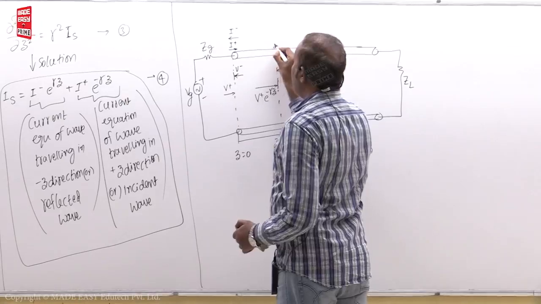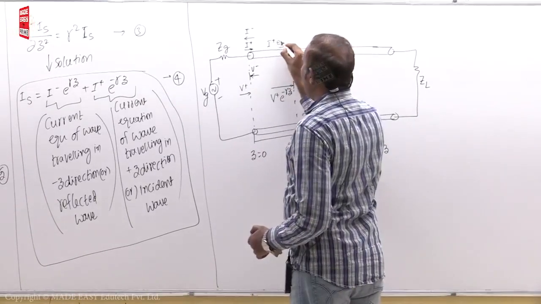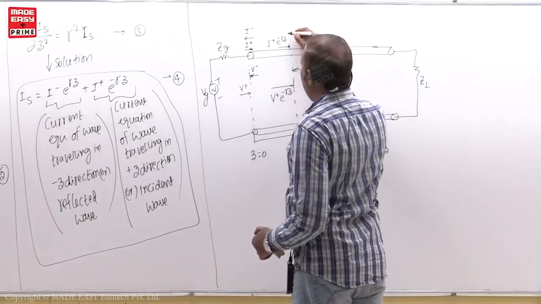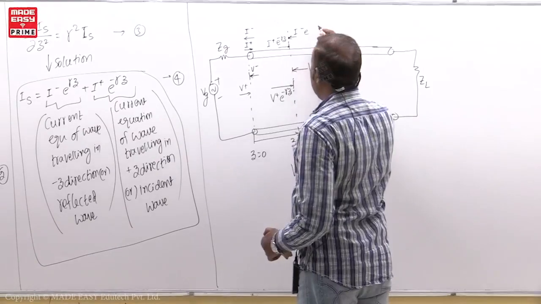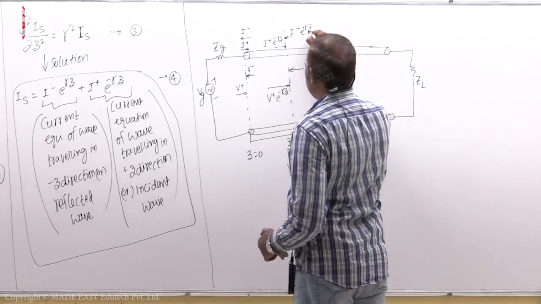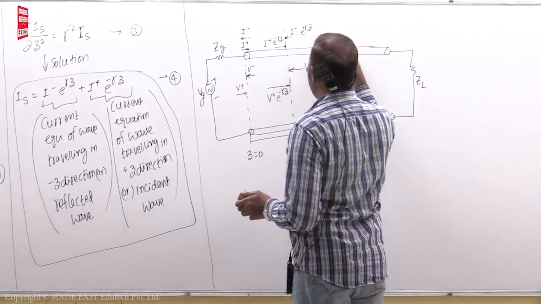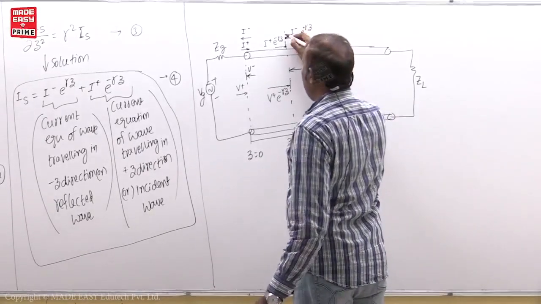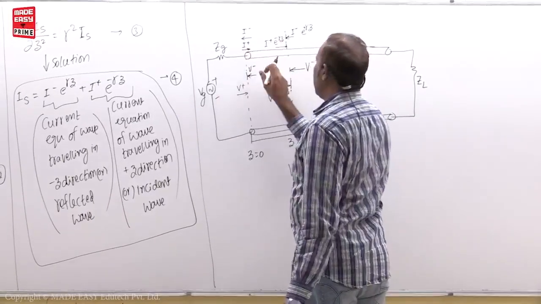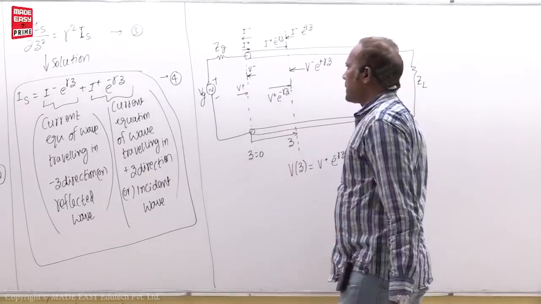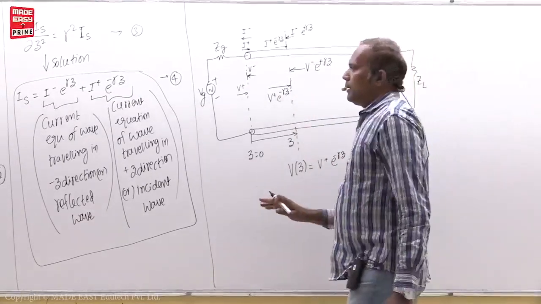At this location it becomes I plus e power minus gamma z, and at this location it is I minus e power plus gamma z. The incident current is I plus e power minus gamma z. So the total current at z distance is again this equation only.